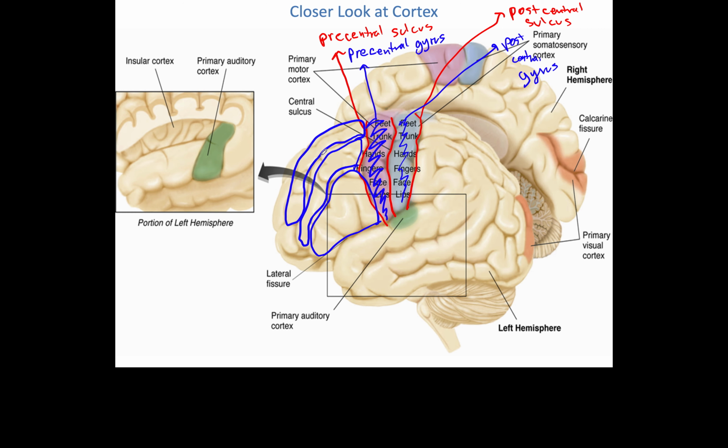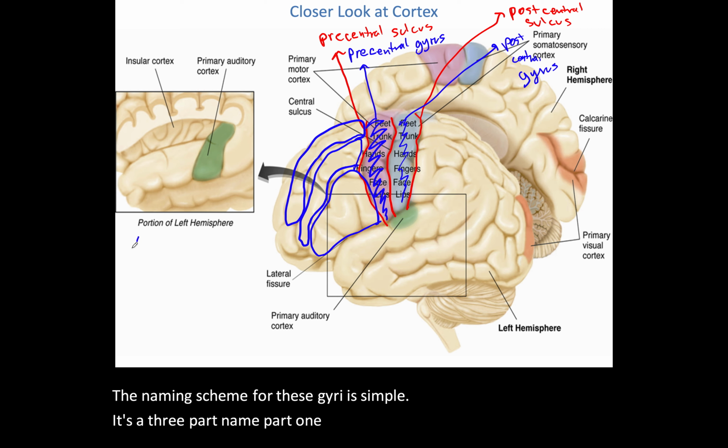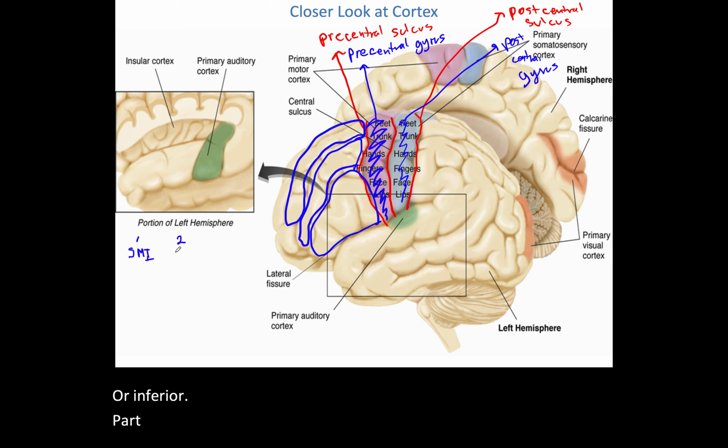Now, the naming scheme for these gyri is simple. It's a 3-part name. Part 1 is is it superior, middle, or inferior? Part 2 is what lobe are you in?